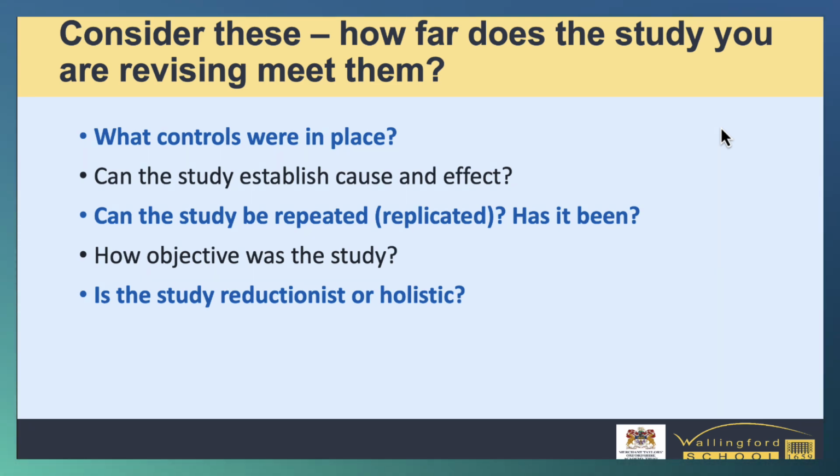The more reductionist something is, the more scientific it is considered to be. Some studies, though, might go down a more holistic route. They might start to look at lots of different factors, whether it's the cognitive factor, a social factor, or an environmental factor. And they might combine all these things together, in which case that starts to impact what we might think of it in terms of it being scientific.